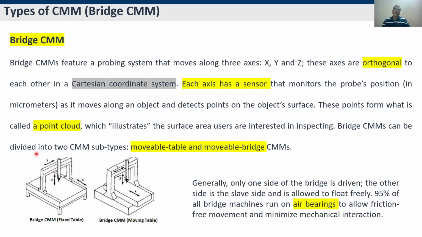Each axis has a sensor. Why that sensor? It is a kind of monitoring device and also acts as a feedback device. That sensor monitors the probing positions. The Z-axis has a probe.